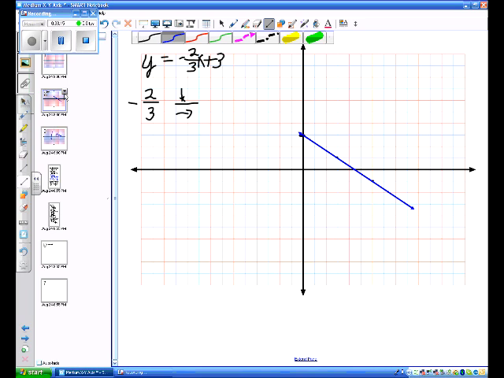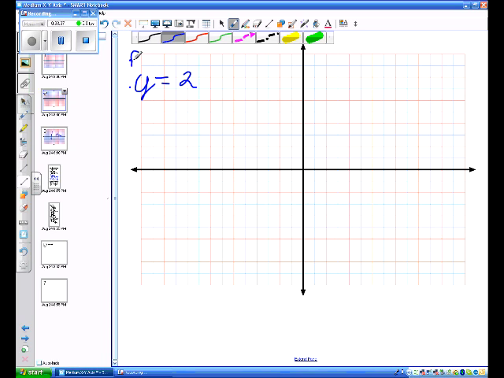We looked at a line a while ago that was horizontal, and so let's look to see how we would graph that one. Let's say we had y equals 2. Now in all of these I've been putting y equals. We could also, because these are functions, have this as f of x equals. So if you had an f of x equals something, that f of x is the same as your y.